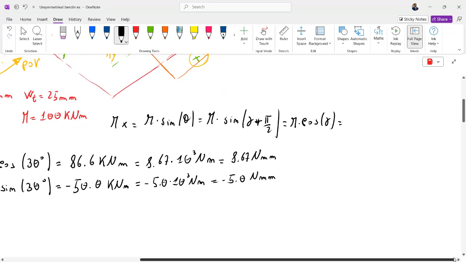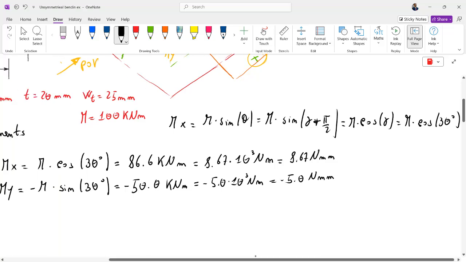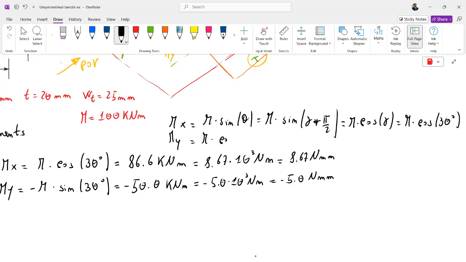So we have finally m times cosine of 30 degrees, while for my it is the opposite consideration, where my is equal to m times cosine of theta, and it's equal to m times cosine of gamma plus pi over 2, that is also minus m times sine of gamma, that is minus m times sine of 30 degrees.